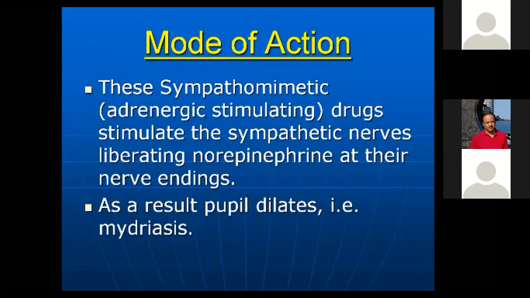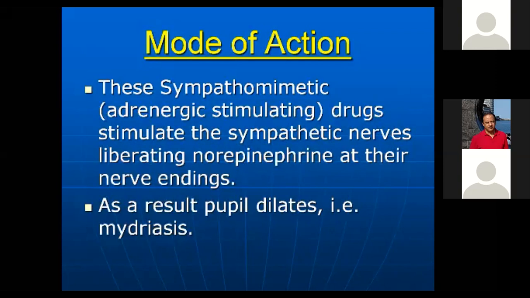As the name suggests, they stimulate sympathetic nerves. And when these nerves are stimulated, they liberate norepinephrine at their nerve endings. You know, in the previous slides of parasympathomimetic drugs, when those nerves were stimulated, they liberated acetylcholine.